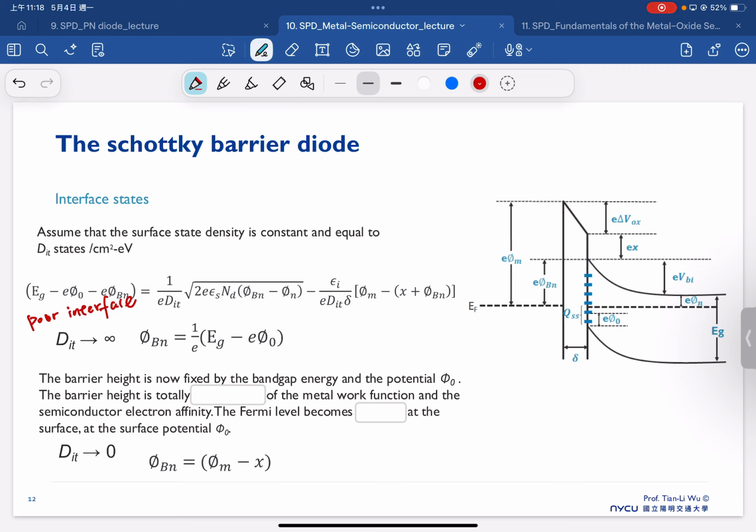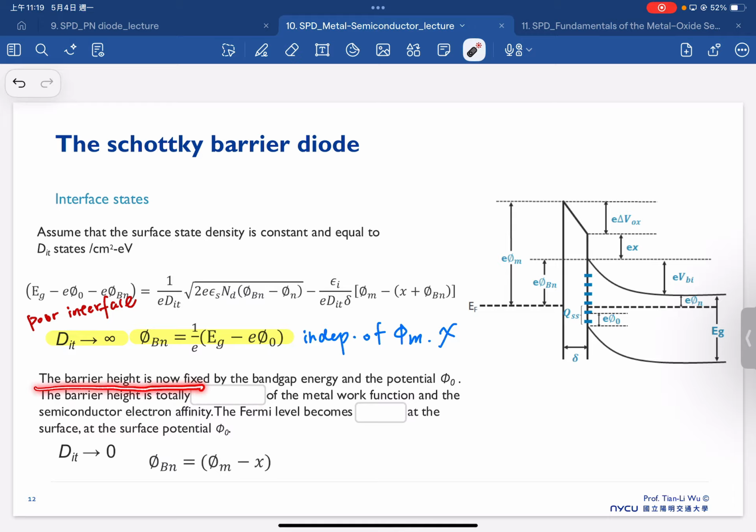Therefore, based on this equation, if we have a very large DIT, then our phi BM is expressed here with respect to the band gap and minus phi 0. But the problem is this is independent of phi m. Independent of the metal work function and also the electron affinity. So the barrier height is now fixed by the band gap energy and the potential phi 0.